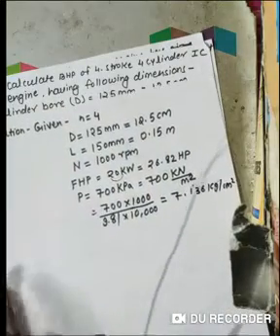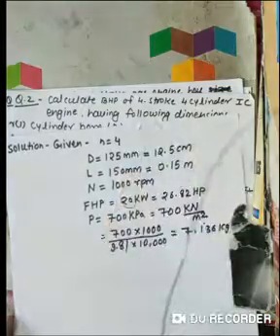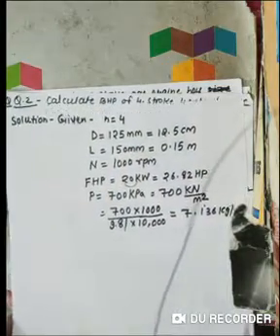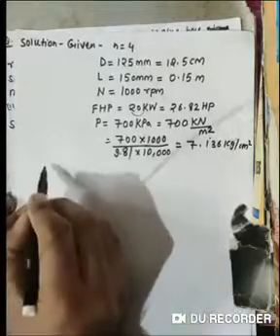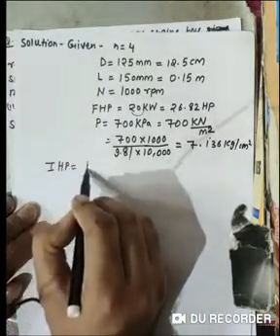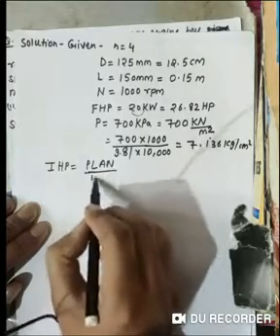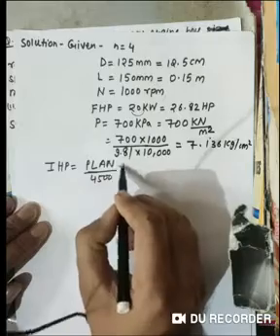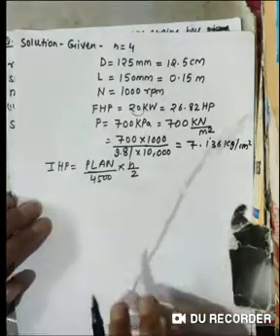Now we have to calculate the brake horsepower of the 4-stroke engine. To calculate brake horsepower we have to calculate the indicated horsepower. So IHP is equal to PLAN upon 4500, into n by 2 because it is a 4-stroke engine.